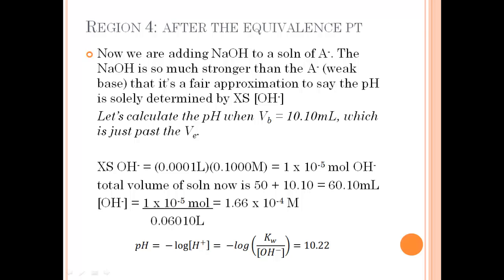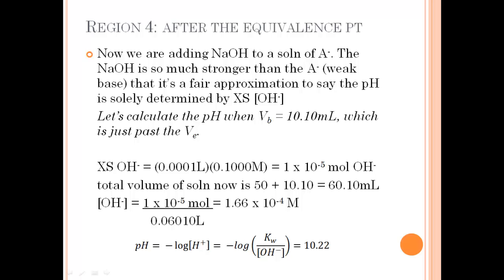To find out the concentration of OH, you just take the moles divided by the total volume, and that should give you 1.66 times 10 to the negative 4th molar. To find out the pH here, all you got to do is convert that OH concentration to H concentration, and take the negative log, and you will get 10.22.